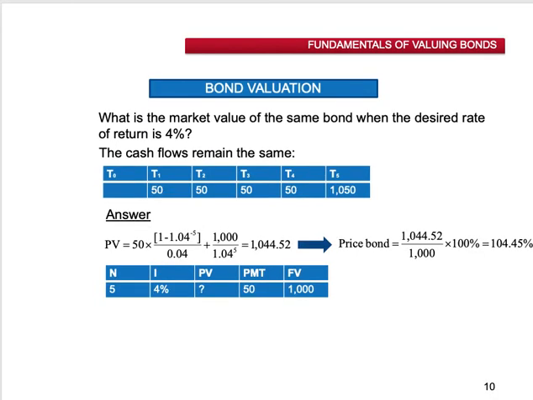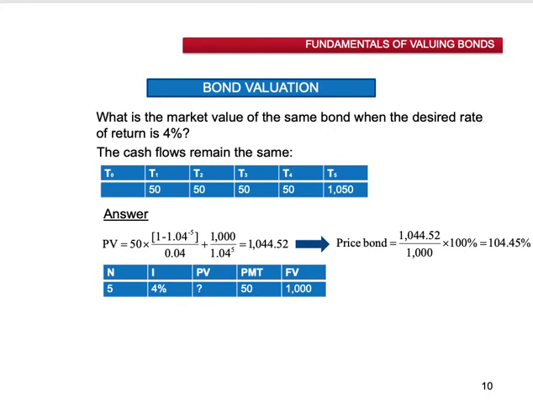So what we've learned from the previous example is that the price of the bond depends on the difference between the coupon rate and the yield in the market. Here we have an example where the yield in the market is actually 4%. So not 5, not 6, but actually 4%.